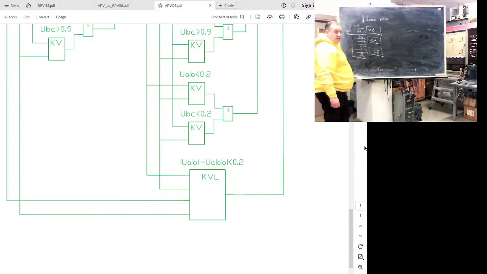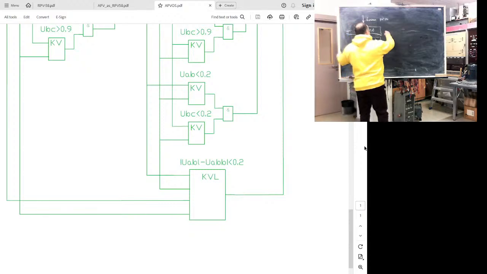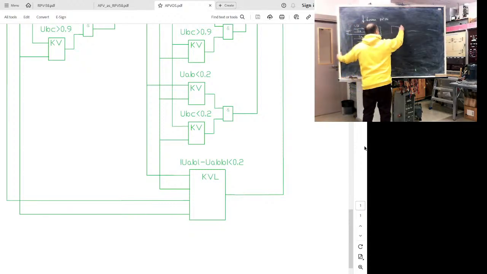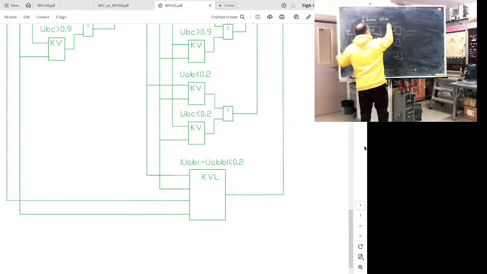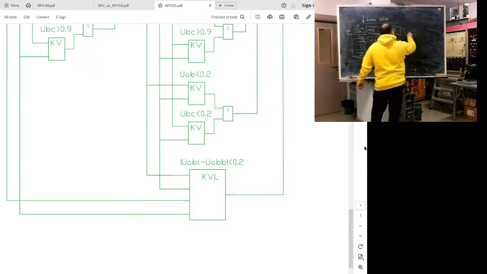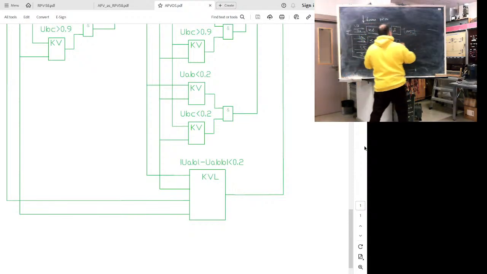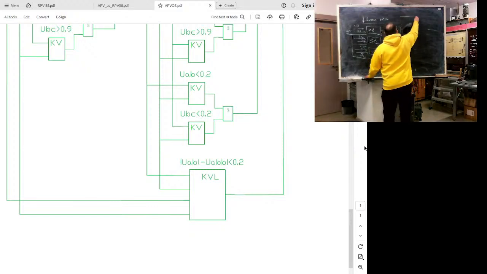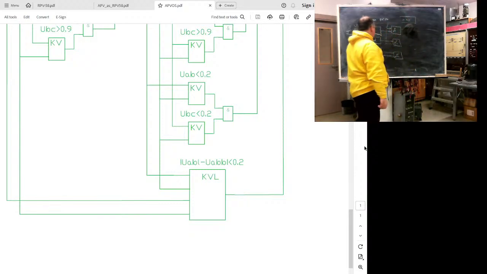Selectors of the faulty phase. From protection, from phase, from protection, from phase, from protection, from phase, AAE logic. Typical AAE logic, but that's not enough.